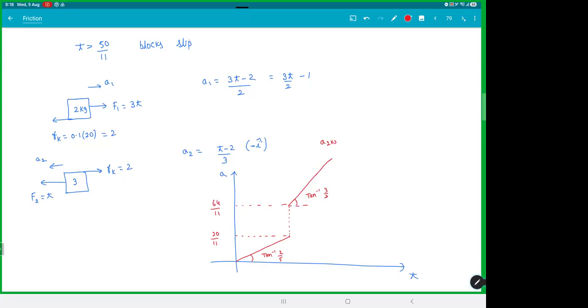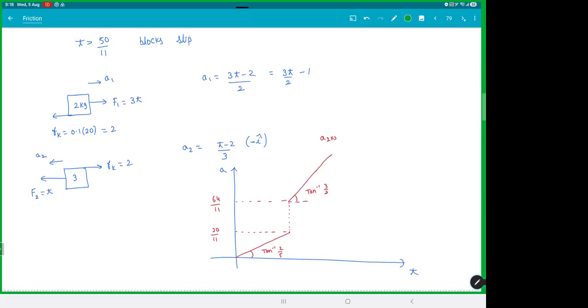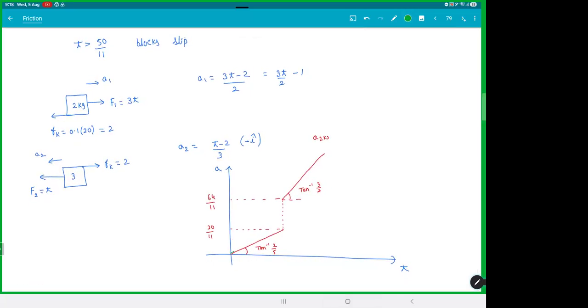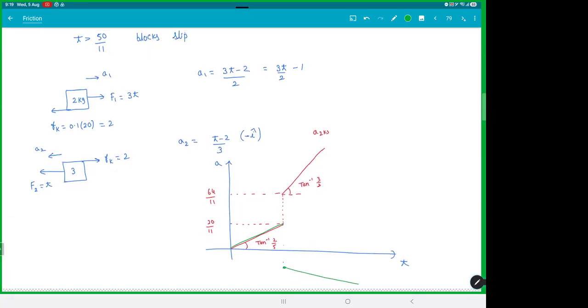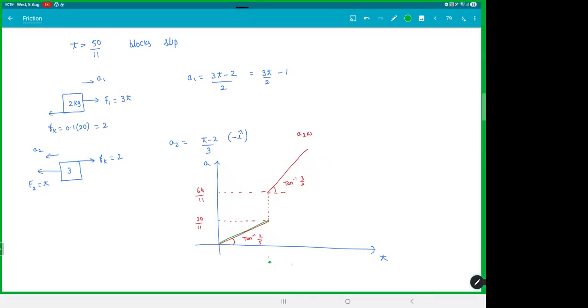It becomes more steep. The other one is even more interesting. You will have the same acceleration, and then suddenly, look here. If I put 50 by 11 here, you will suddenly drop into the negative zone. You actually become negative, and then you become like this. This graph actually becomes negative. This is the acceleration of the 3 kg block.